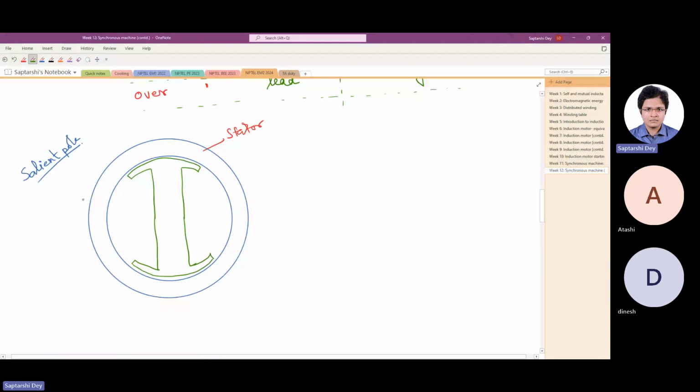Two pole structure, simplest one. Now if you see the air gap length, along this axis the air gap length is minimum, whereas along this axis the air gap length is maximum.